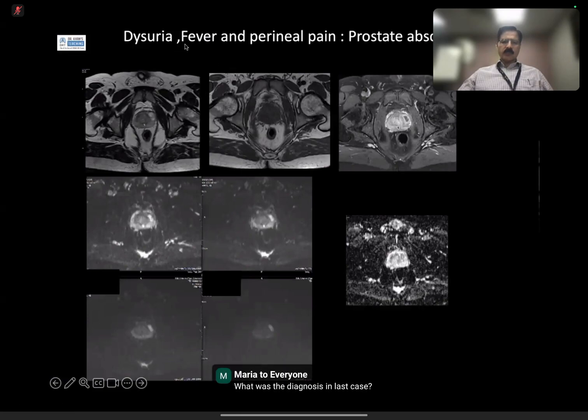This patient has got dysuria, fever, and perineal pain, and it is a prostatic abscess. Now on T2 weighted sequence, it is fluid intensity, as in high T2, and just like a brain abscess, it will cause restricted diffusion. And then on post contrast, this is confirmed. So prostatic abscess itself is an exam case.